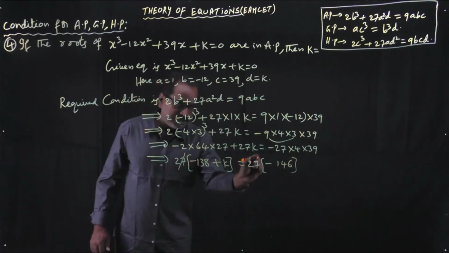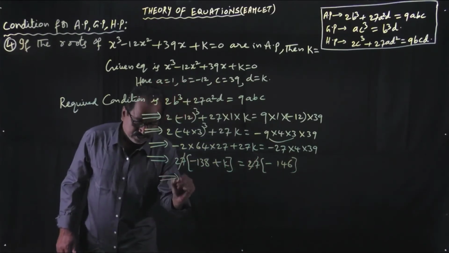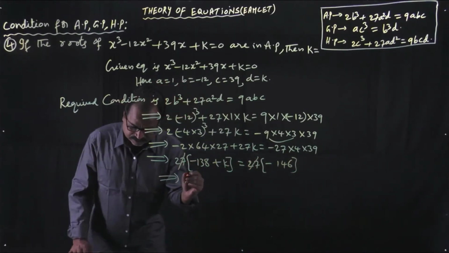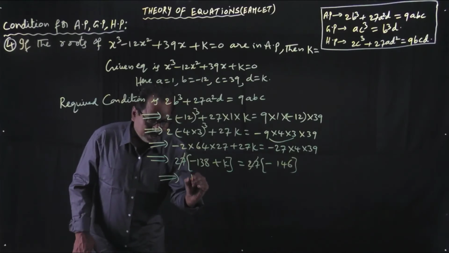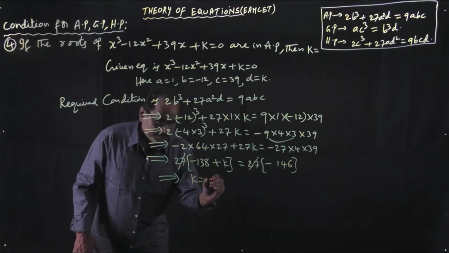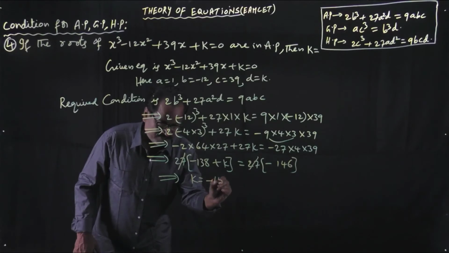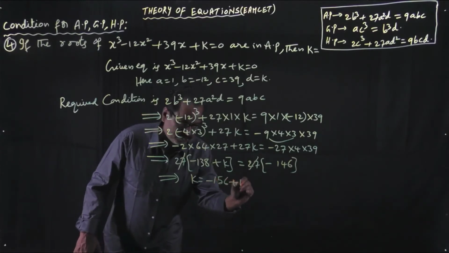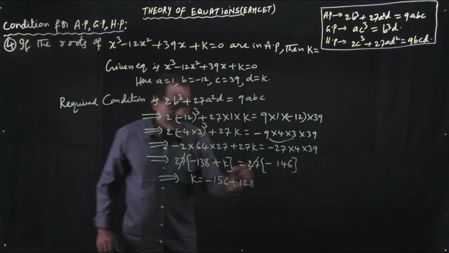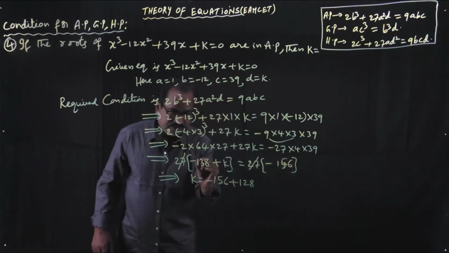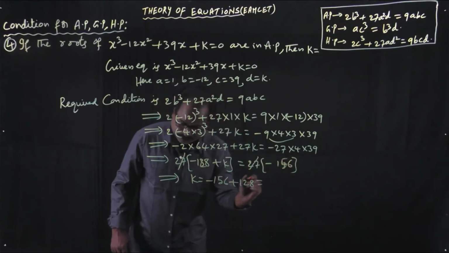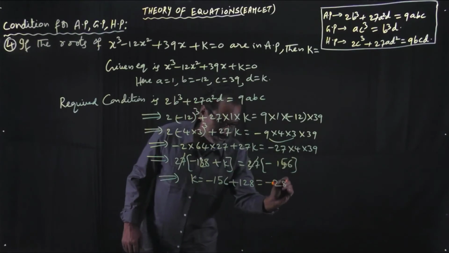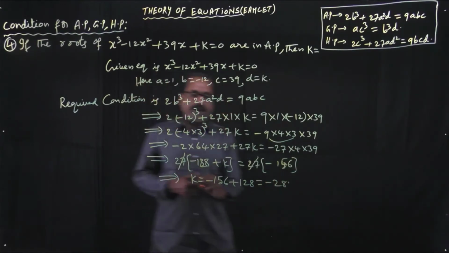Here 27 gets cancelled. So this implies k is equal to minus 156 plus 128, which is equal to minus 28. So k is equal to minus 28.